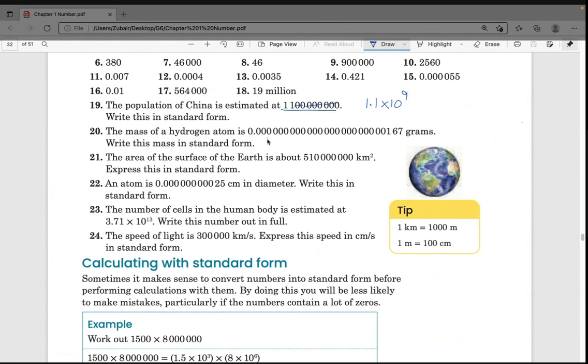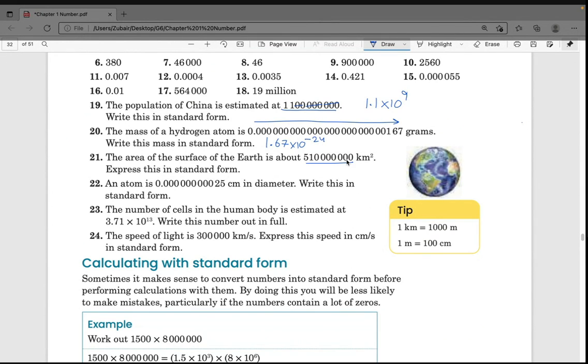Can you count that? 1.67 into 10 raised to the power 24, and when we are moving towards the right hand side, the power is negative. So negative 24.